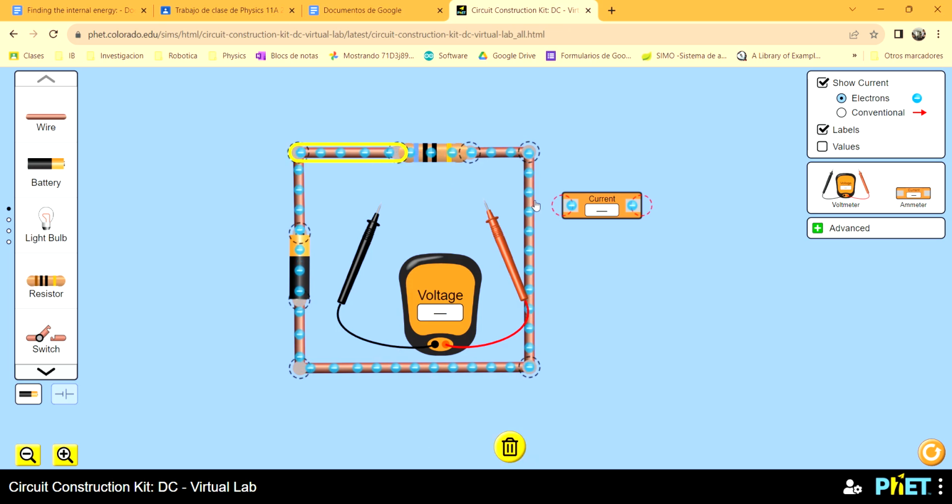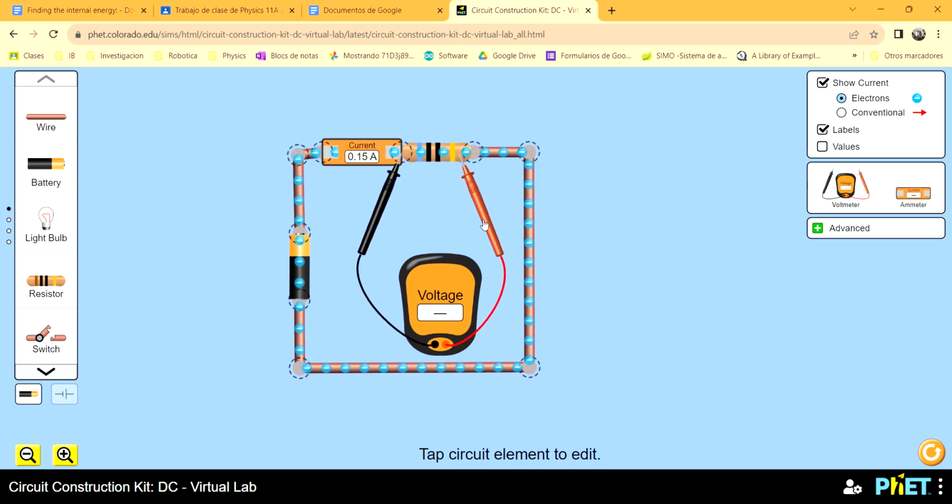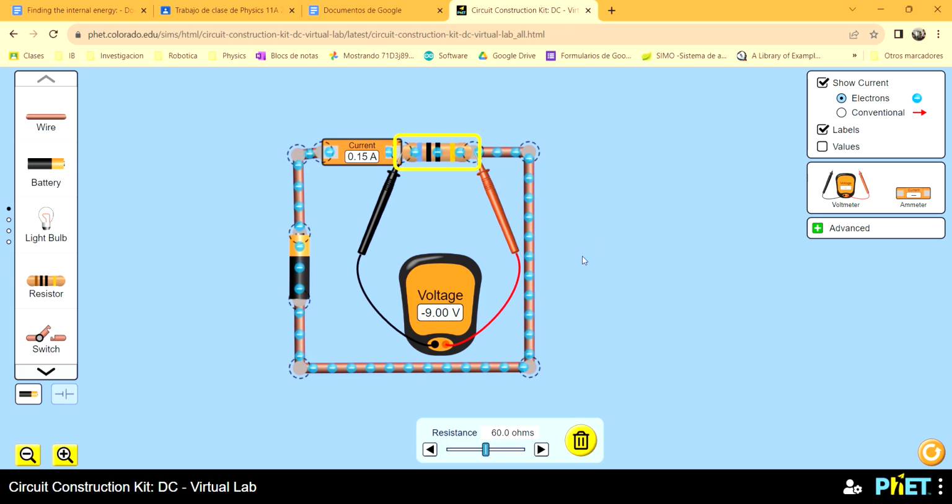The only way to do that is by cutting the wire, then connecting it again, and then I get the ammeter with the voltage and the resistance. So if you calculate this using Ohm's law, if you divide 9 volts over 60 ohms, you get 0.15 amperes, following Ohm's law.